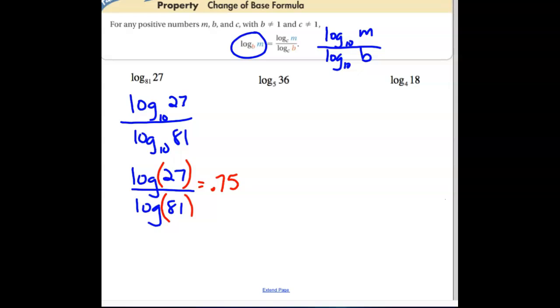Okay, next one, log base 5 of 36. Instead, we're going to do common log of 36, so base 10, divided by the common log of 5. Again, close off your parentheses, and we should get 2.2266. All right, go ahead and pause the video and try the last one.